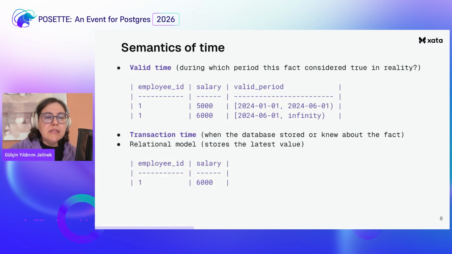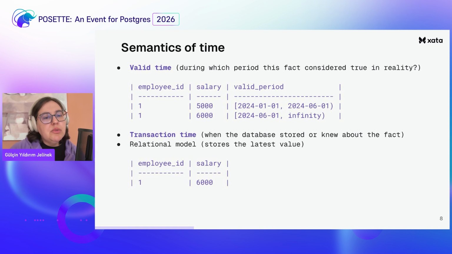That is the valid time. When we look at it, we can see in which period this information was correct. For example, if I'm querying for March, I know that the salary was 5,000. So I keep this change with this value and when it happened.